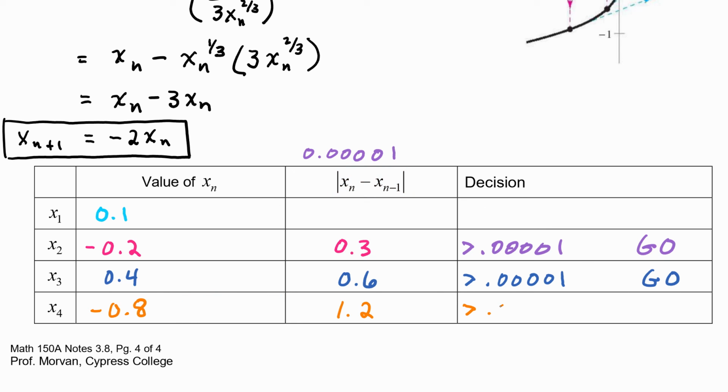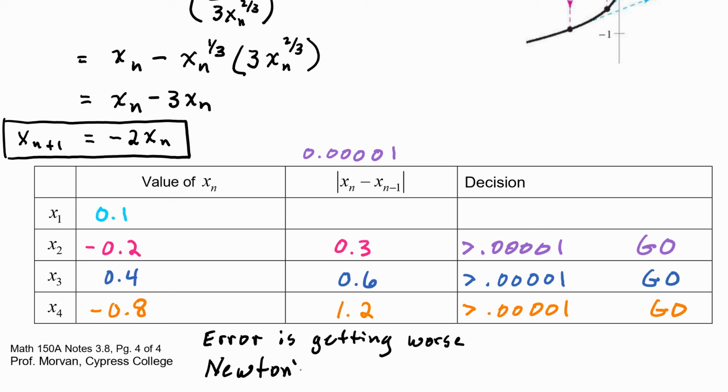That's greater than our desired accuracy. And once again, because it's too big, that would tell us to go on. However, we notice at this point that the error is getting worse and worse and worse. So what we notice is that Newton's method does not converge here.